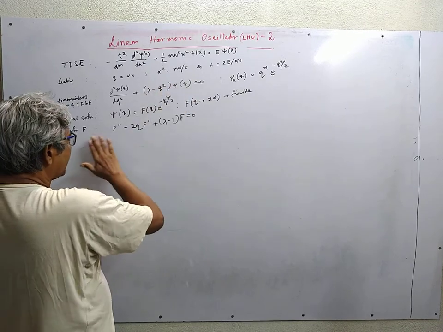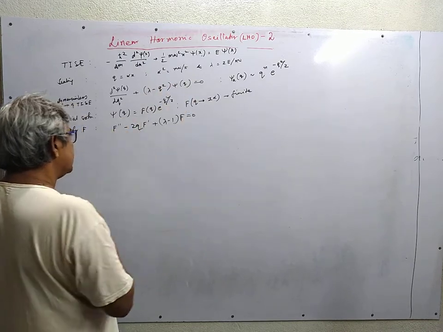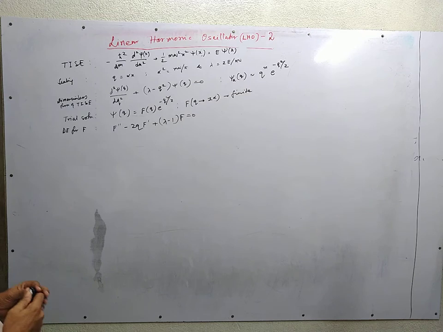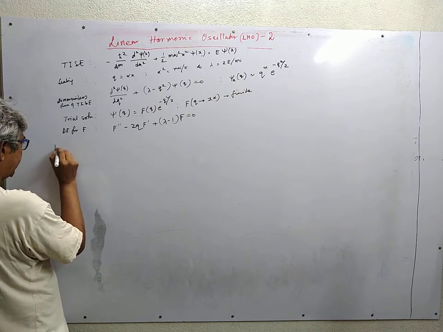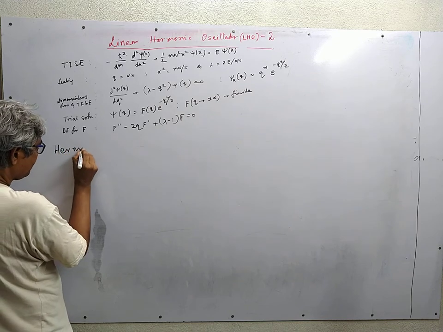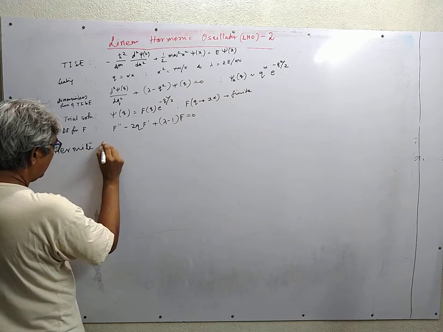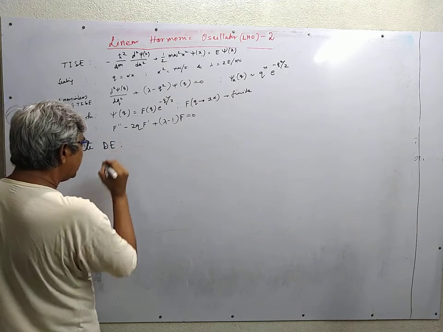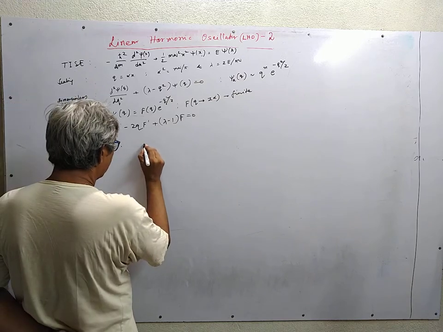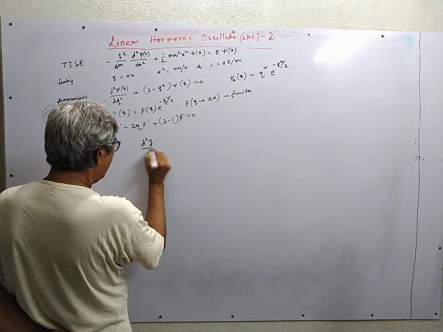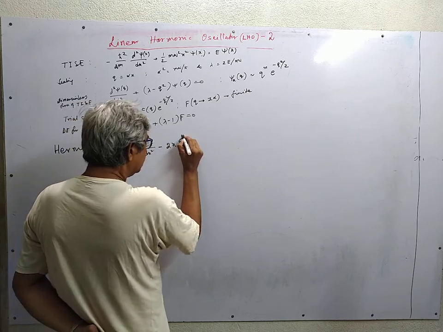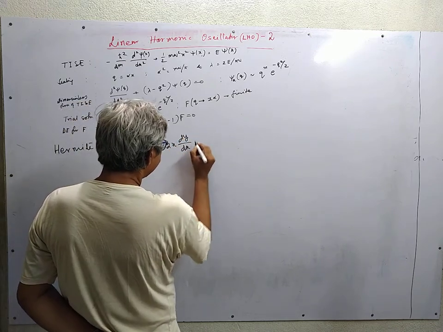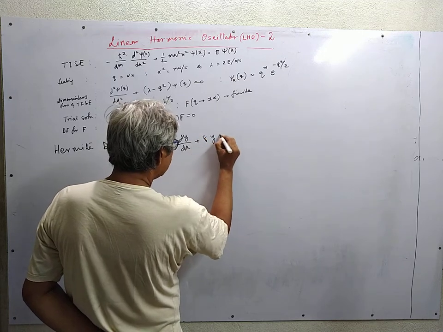Then finally we have arrived at the differential equation to be satisfied by f. Now we come to the Hermite differential equation. In mathematical physics, we have learned that this is d2y dx2 minus twice x dy dx plus gamma y is equal to 0.